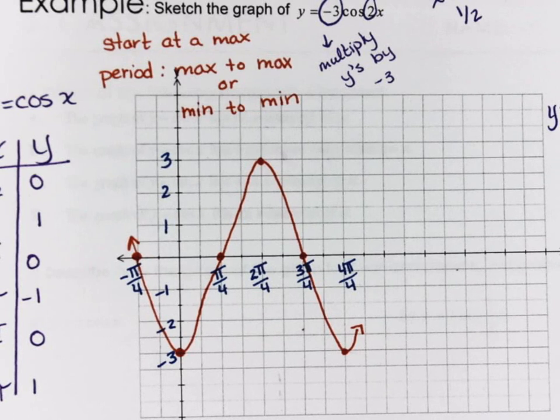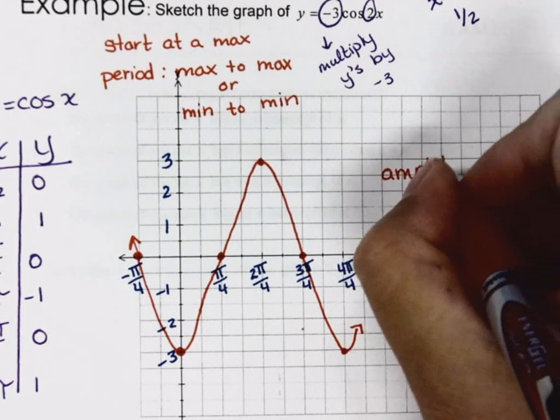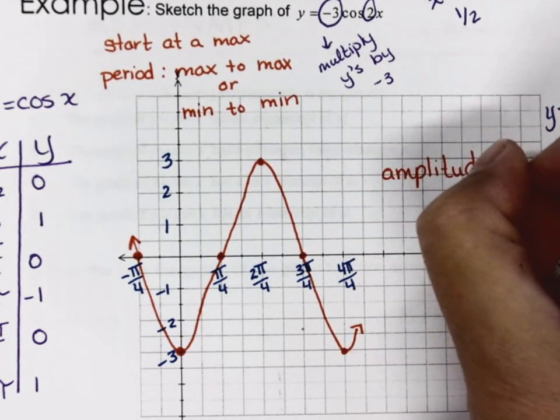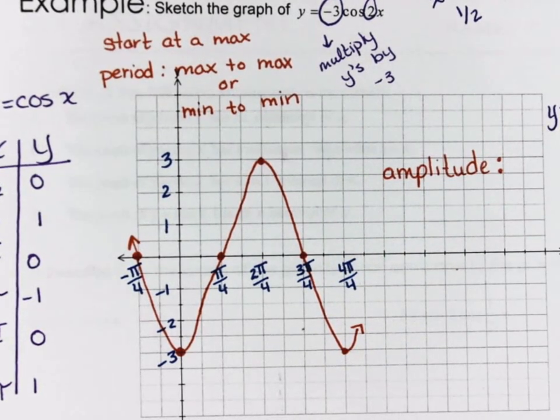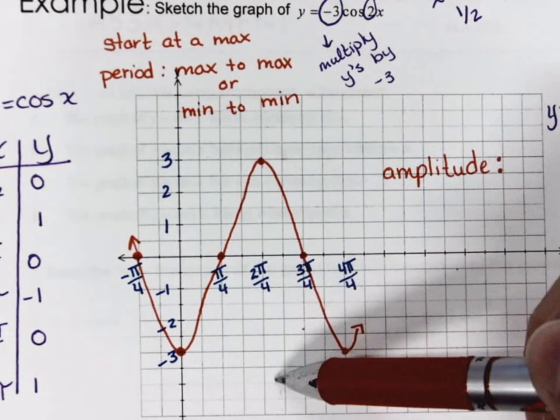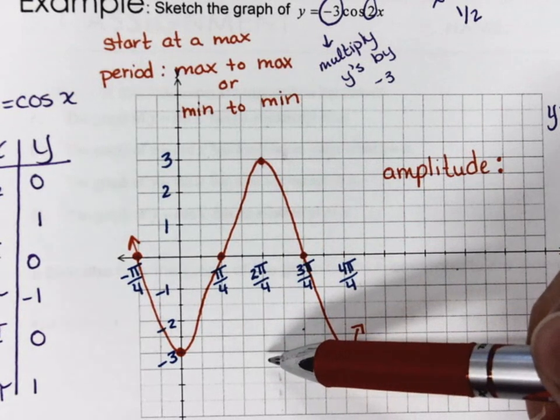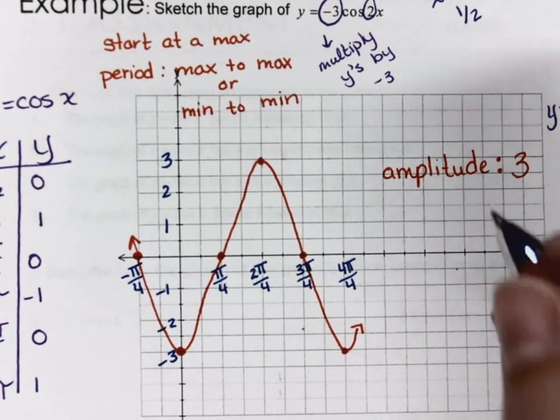So what is the amplitude of this graph? What's the amplitude? 3, right? It has a max value of 3. It has a min value of negative 3. If I subtract those two, we're at 6 divided by 2. That's 3.